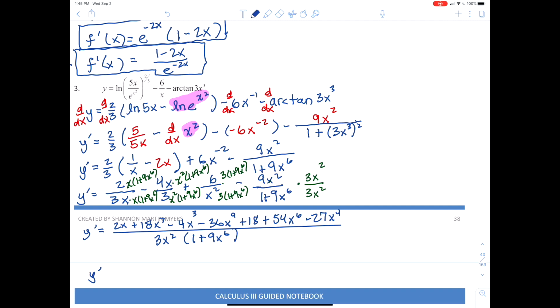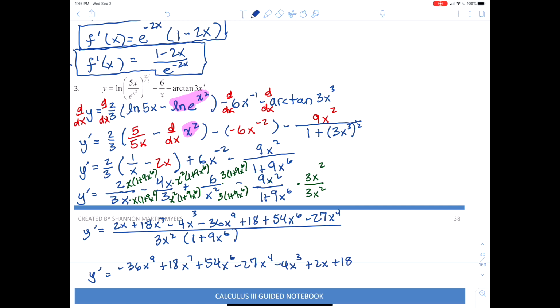So y prime would equal negative 36x to the 9th plus 18x to the 7th plus 54x to the 6th minus 27x to the 4th, and then minus 4x cubed, and then plus 2x plus 18.